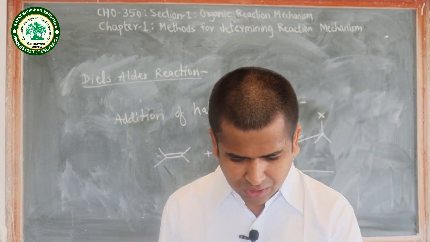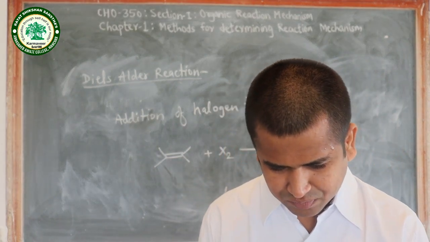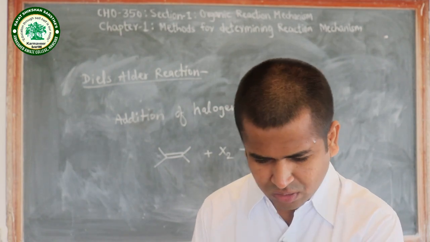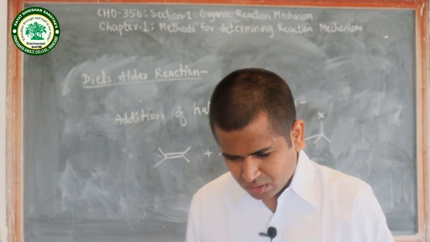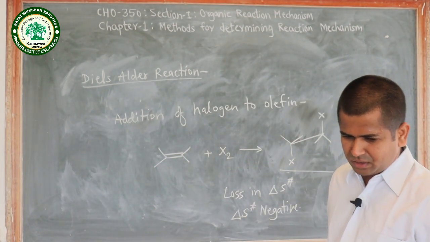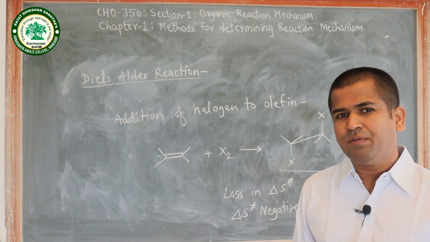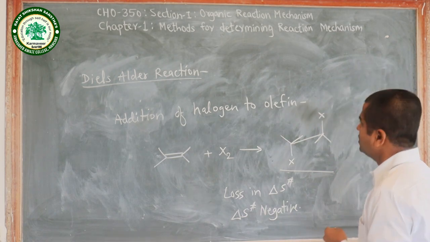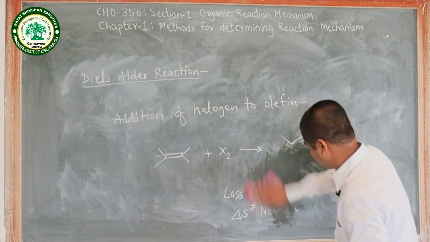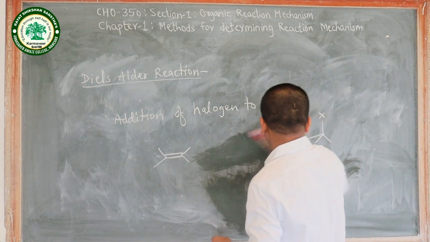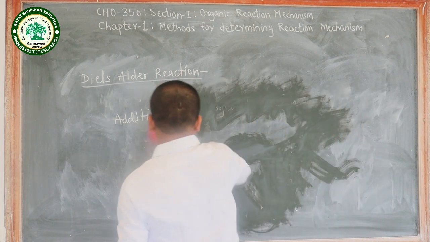Okay. Now we consider one more example for this. The entropy of activation for the SN2 type of reaction. The next example is SN2 type of reaction.